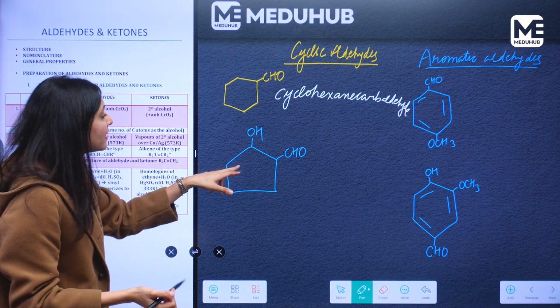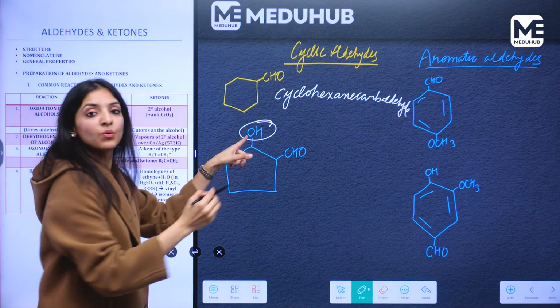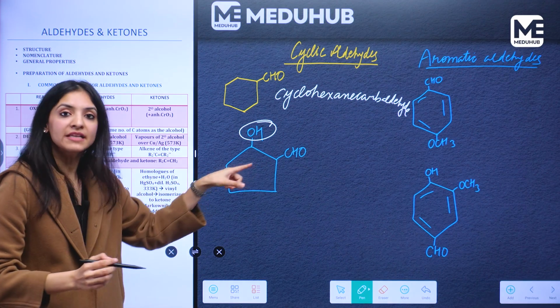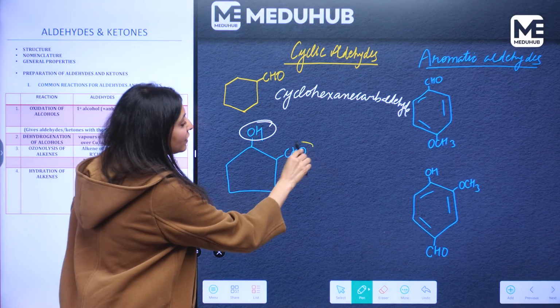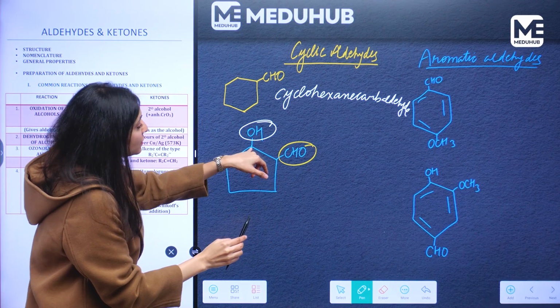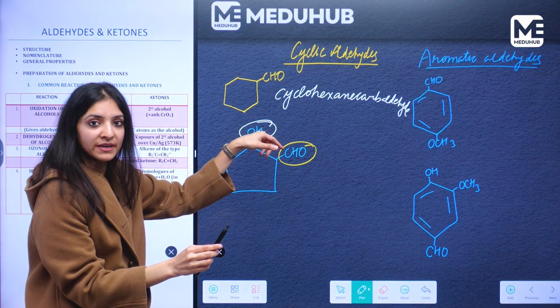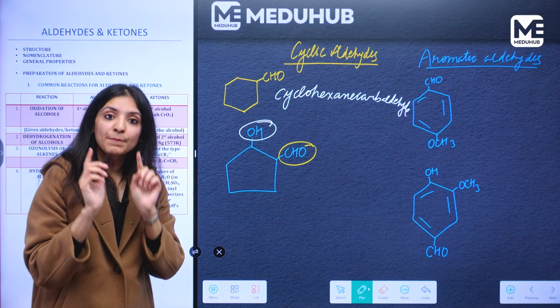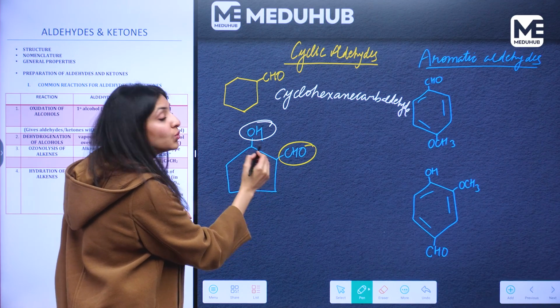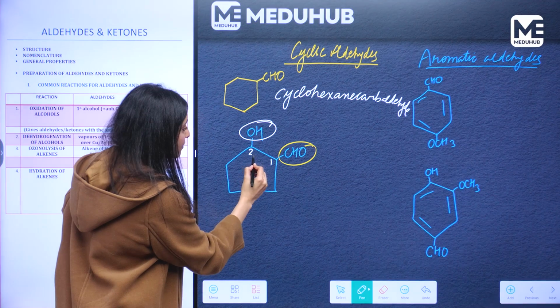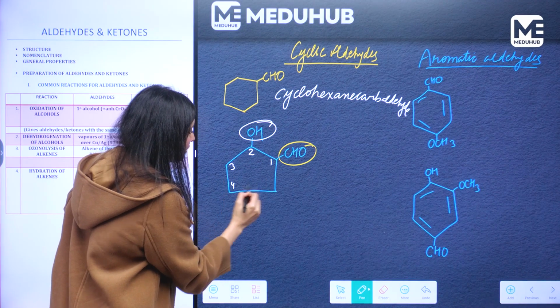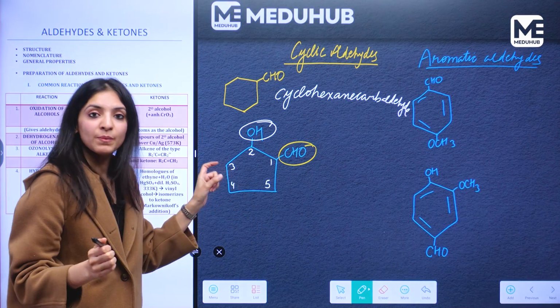What happens if there is a substituent here? Like in this case, this is a cyclopentane, a 5 carbon ring, and an aldehyde group is attached here, and here to this carbon a hydroxy substituent is attached. Here the numbering starts from the carbon to which the aldehyde group is attached. So this will be carbon 1, this will be carbon 2, 3, 4, 5. So this is a cyclopentane.